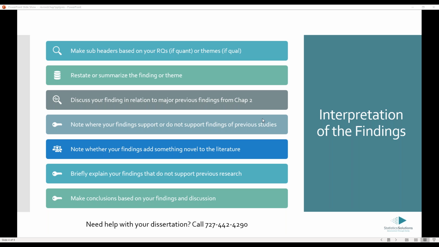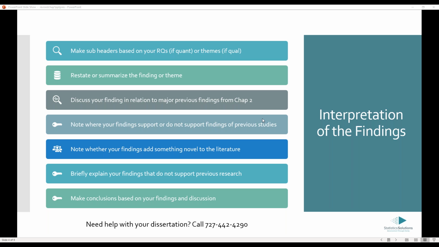A very reader-friendly and writer-friendly way to organize this section is by your research questions, if it's quantitative, or by your themes, if it's qualitative. In the case of mixed methods, we'll get to that a little later, which is pretty much the same, but at some point you're going to have a section that synthesizes the two different findings.